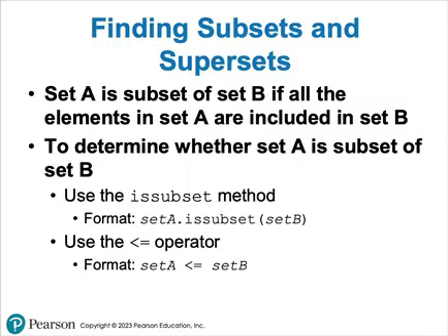So A is a subset of B if all the elements are included in set B. B may have additional items, but the main thing is everything that's in set A is also in set B. To find out if set A is a subset of B, we can call the isSubset method on, in this case, set A, and then pass set B in, or we can use the less than or equal symbol to do the exact same thing.